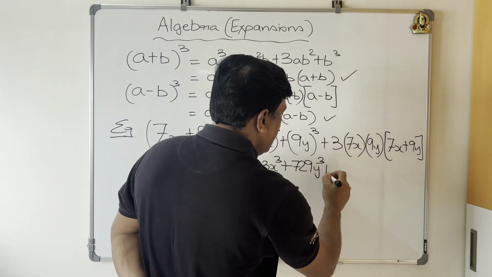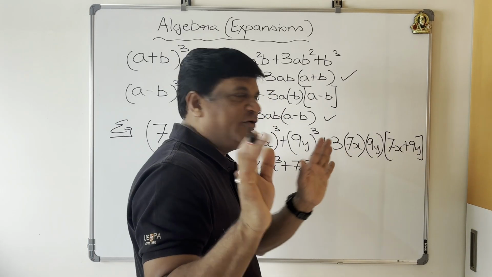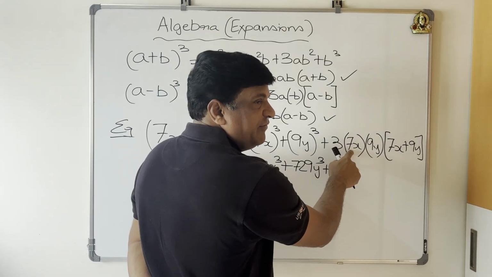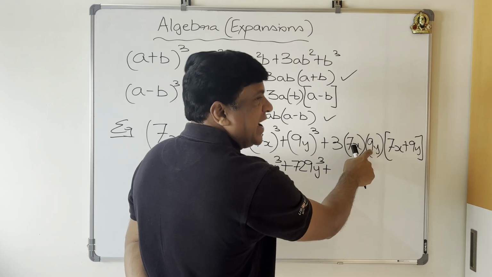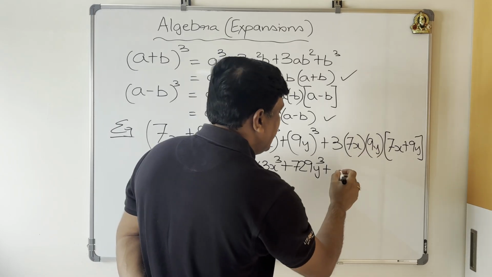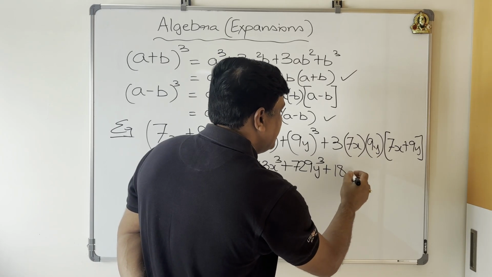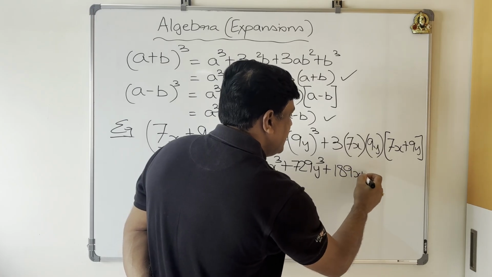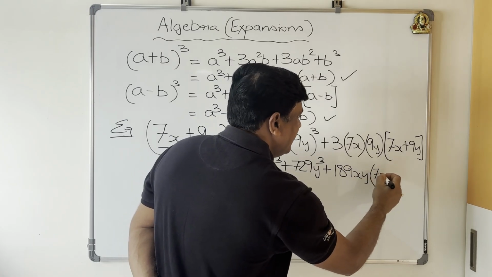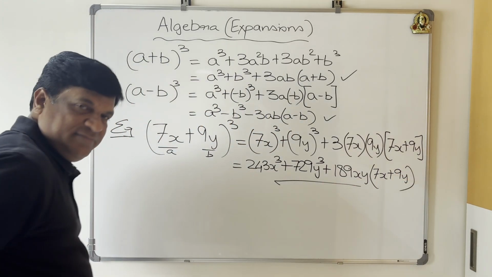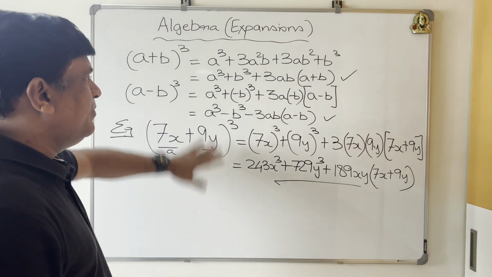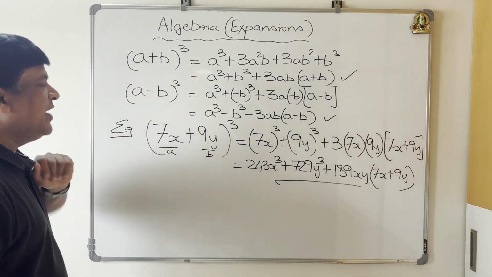Plus, now put this plus because there are no minuses, we don't have to worry. 3 into 7 is 21. 21 into 9 will be 189. 189xy times 7x plus 9y. This should be your answer. Simple, right? It's very simple to do it this way whenever you get these problems.